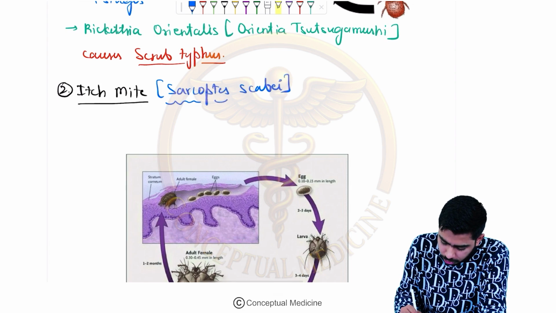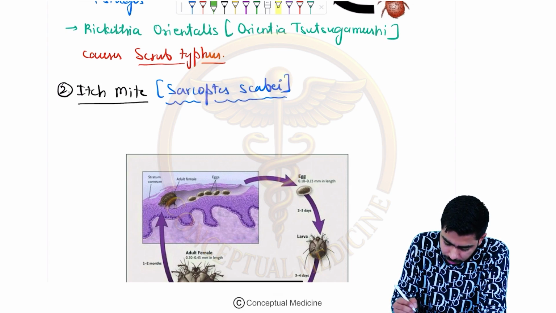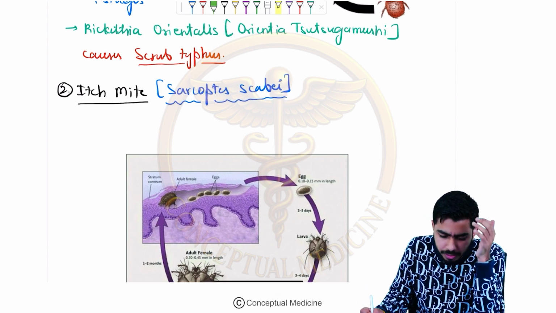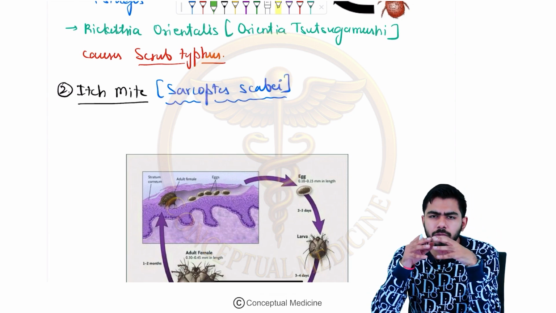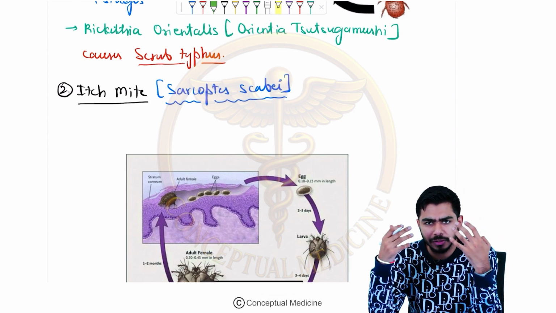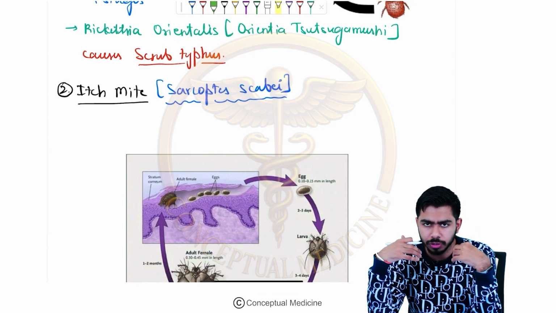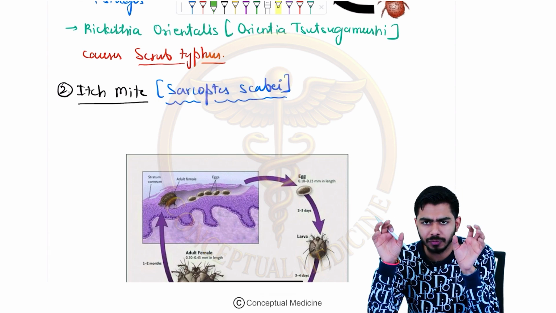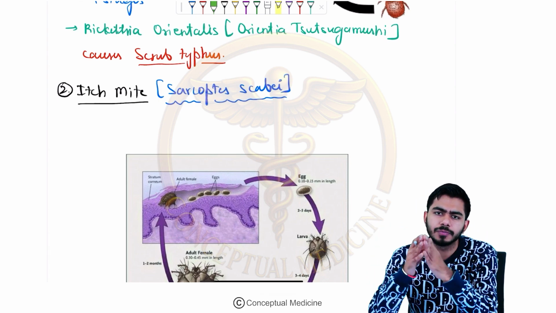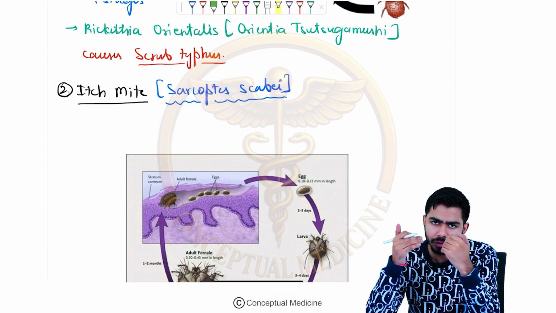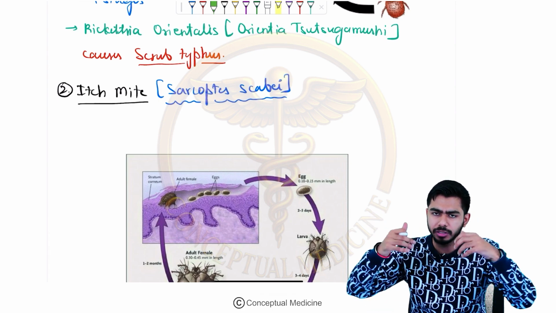So if we talk about the itch mite, what are the salient features as far as the itch mite is concerned? The same morphology would be there, that they will be having 4 pairs of legs, 2 anterior pairs and 2 posterior pairs of legs. The 2 anterior pairs which I am talking about are thicker as compared to the posterior ones. So thicker anterior legs and thin posterior legs.